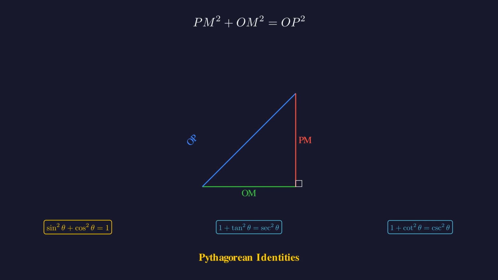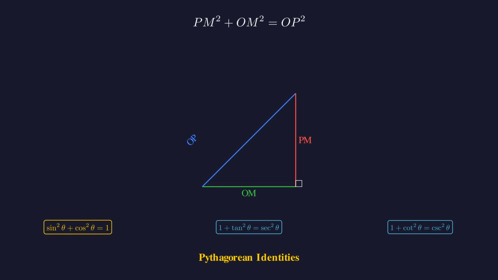But we're not done. Divide the original equation by OM squared instead. You get (MP over OM) squared plus 1 equals (OP over OM) squared. That's tangent squared plus 1 equals secant squared.